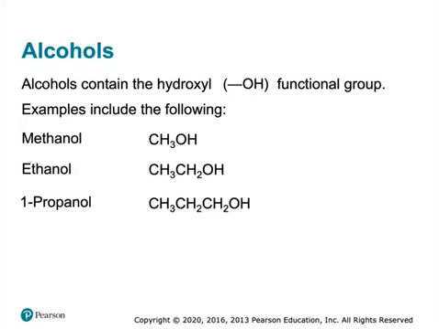So isopropyl, IPA, isopropanol. Methanol is pretty toxic. If you ingest a little bit of it, it can cause blindness. Of course, the cure for methanol poisoning is to drink a large amount of ethanol. Ethanol is relatively safe, but ethanol is toxic, and you can get alcohol poisoning from ethanol.